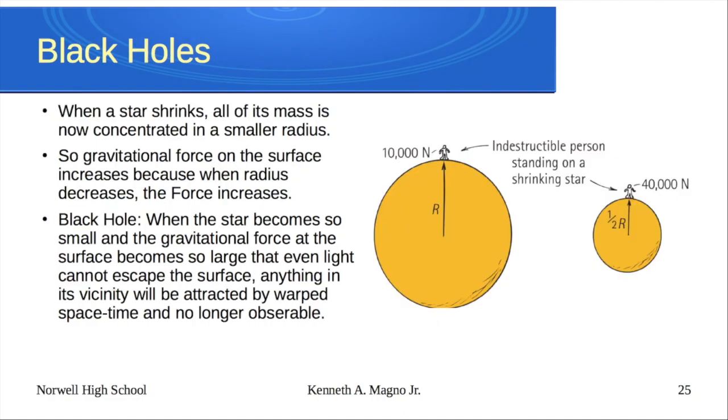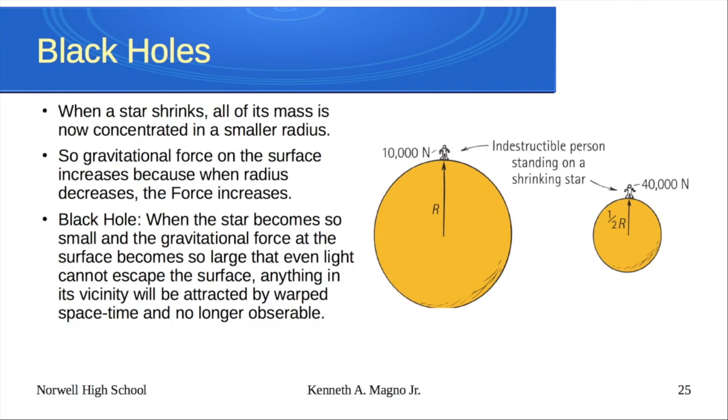Now, the cool application of understanding these gravitational fields and gravitational effects is black holes. Because if a star shrinks enough and its mass is concentrated to a small enough radius, you can get to a critical point where you form a black hole. All a black hole is, is this region of space around this collapsed matter where the gravitational field becomes so intense that even light can't escape.